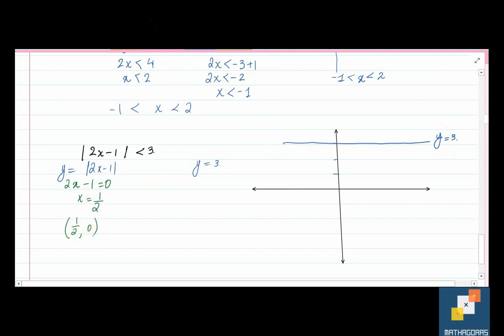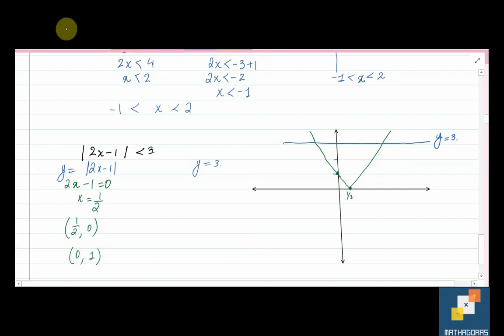And further, when x is 0, y will be minus 1, but outside the curve it will be plus 1. So you got your 2 points. When x is 1 upon 2, y is 0, so that is my point (1/2, 0). And when x is 0, y is 1, so that is my second point, and now I will join these 2 points.